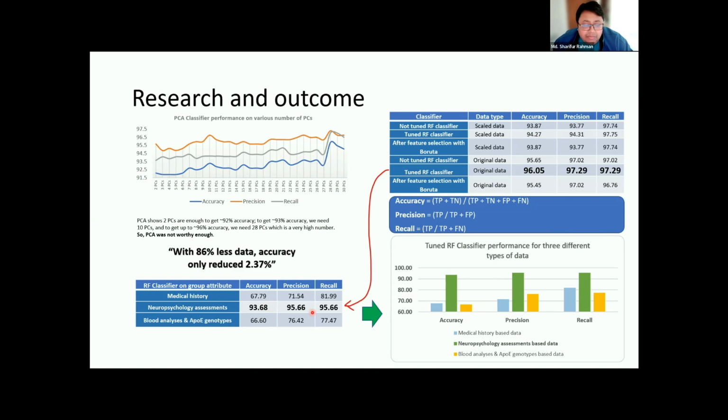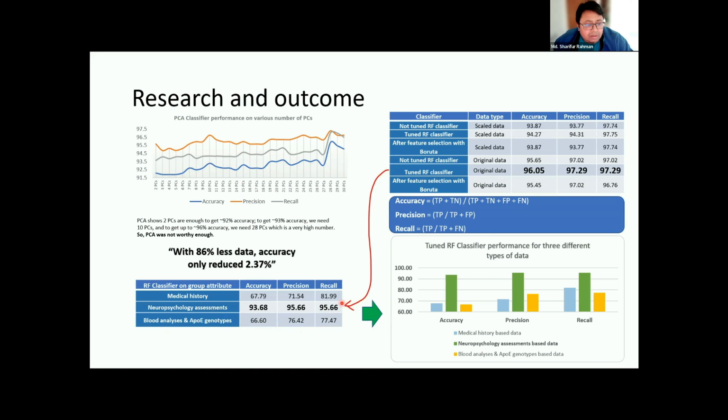Precision was 95.66 and the recall was 95.66. And with the lab test data, the blood analysis and APOE genotypes, we get 66.6% accuracy rate. Precision was 96.42 and the recall was 77.47.